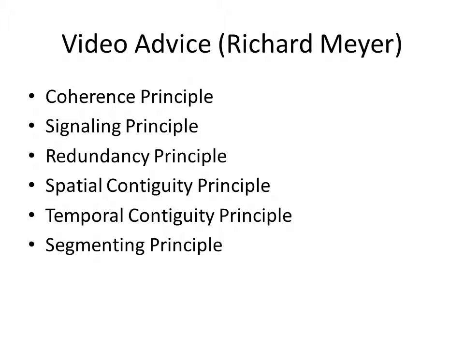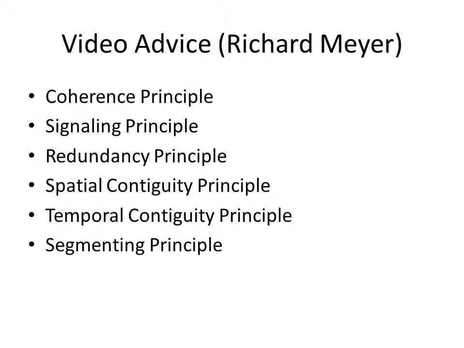So coherence principle, this is kind of like including something in the slide that has nothing to do with your instructional goal or content in the slide, and he's found that that's bad. Signaling principle is using highlights, using different ways to cue students into focusing on different parts of the slide, that doing this is actually good for their understanding.